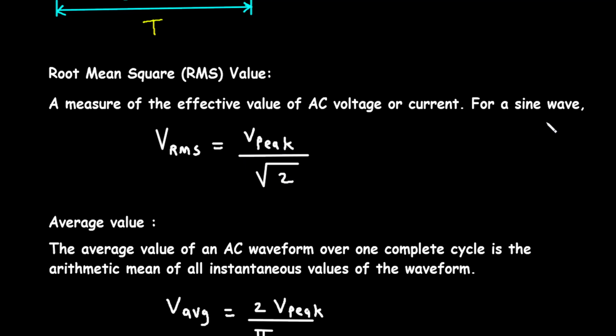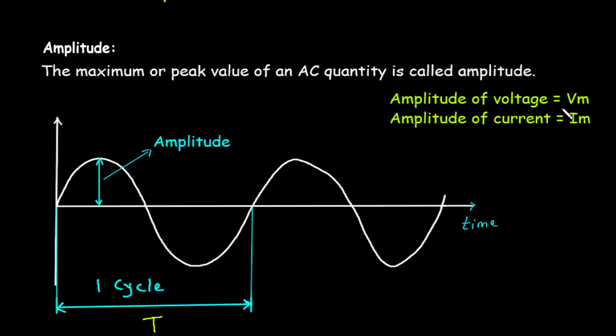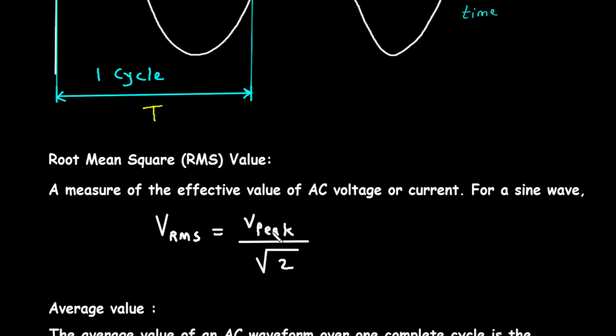Now what is V peak? We have already seen that this amplitude may be Vm. We can also write V peak or we can write Vm. So both are correct. Here we can write Vm divided by root 2. Now we already know what is Vm. So Vrms is equal to Vm divided by root 2. Then we get the value of RMS.